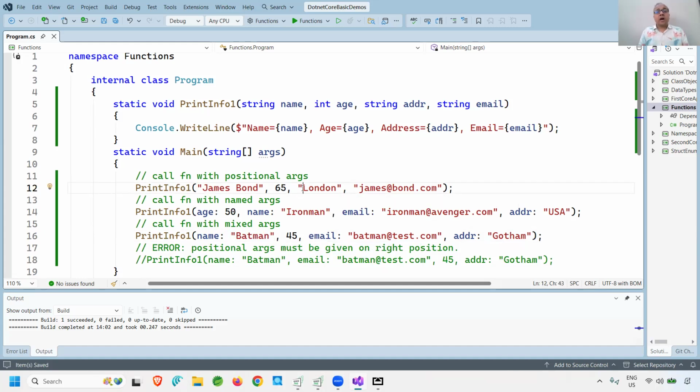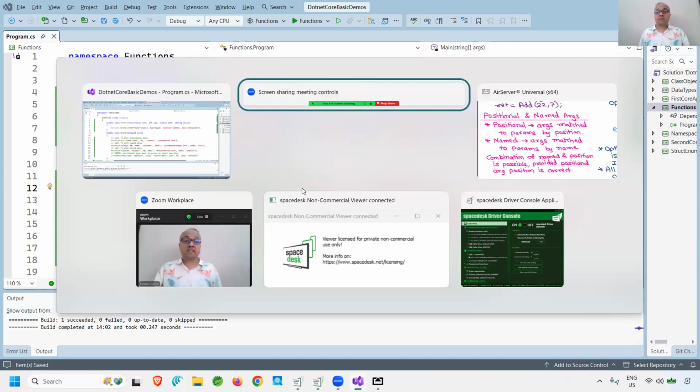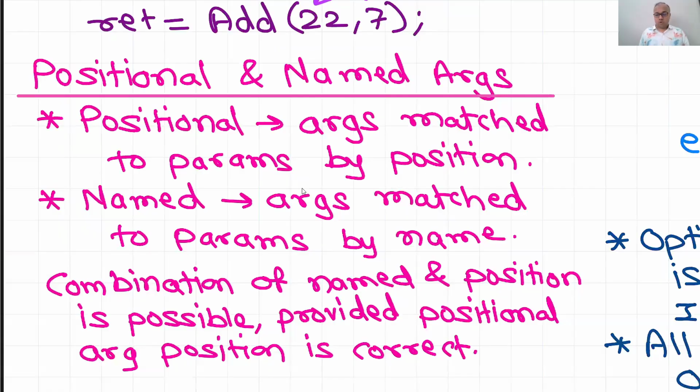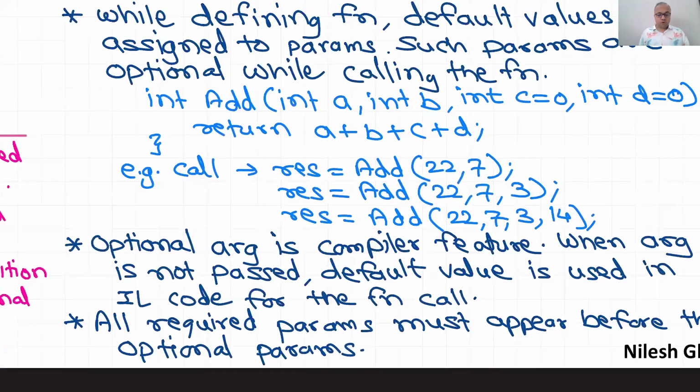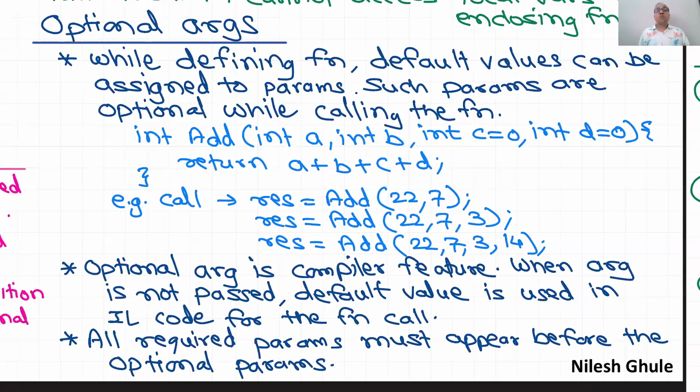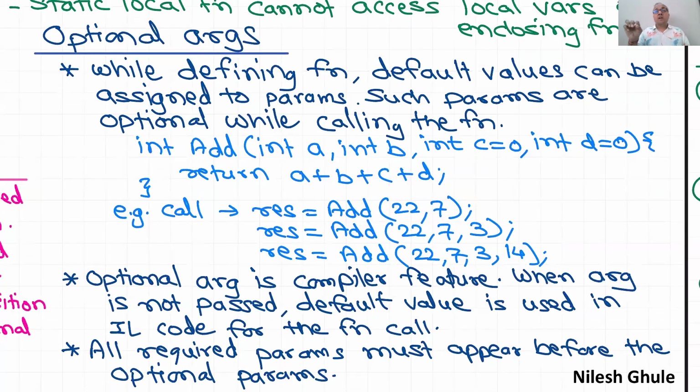Now that you have understood the basic concept of named and positional arguments, we can go on to the next concept, and the next concept I want to talk about is optional arguments. While defining a function, default values can be assigned to some of the parameters.